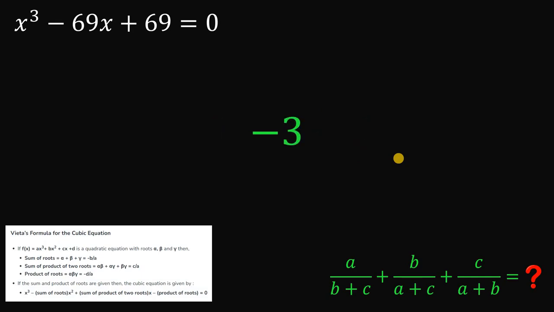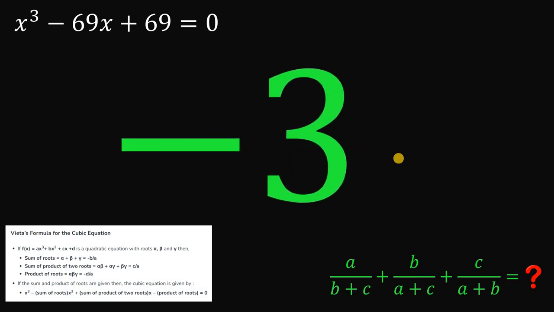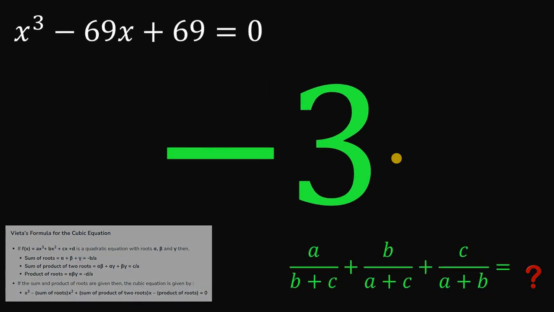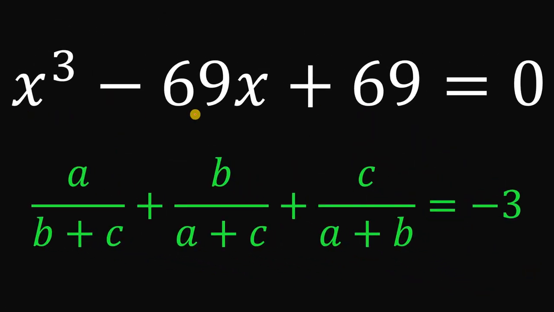And that is the answer to this question. Therefore, given this cubic equation, x cubed minus 69x plus 69 equals 0, the value of a over b plus c plus b over a plus c plus c over a plus b must be equal to negative 3. And as always, we are done.